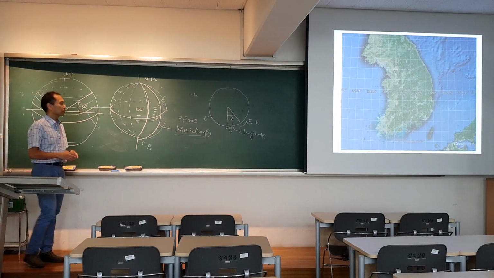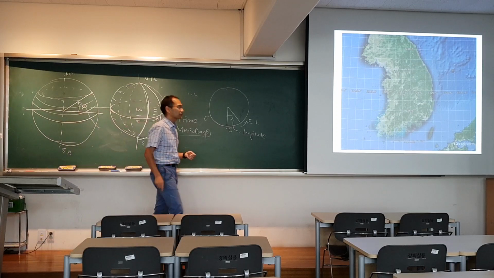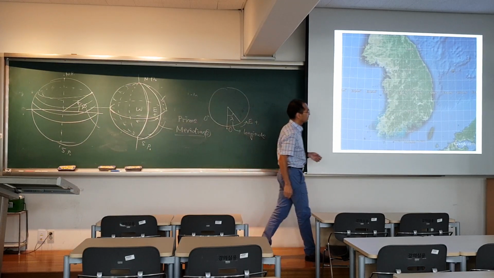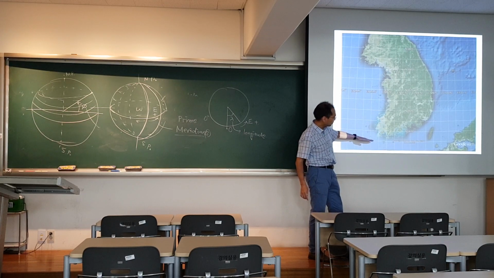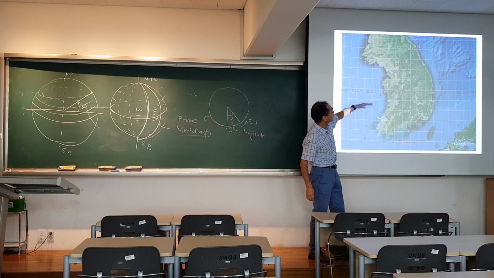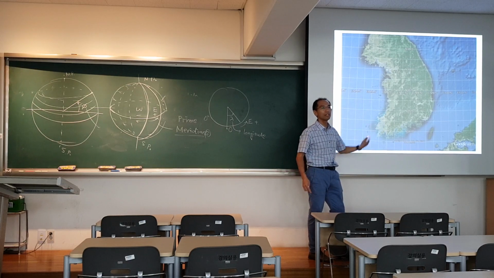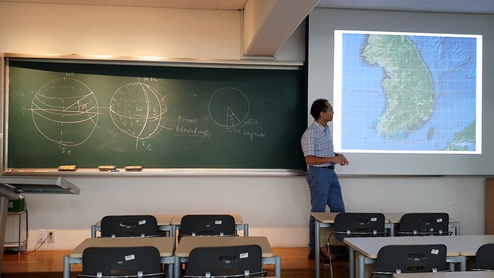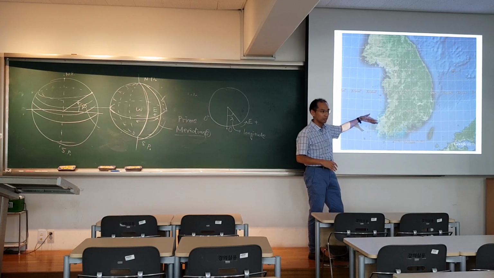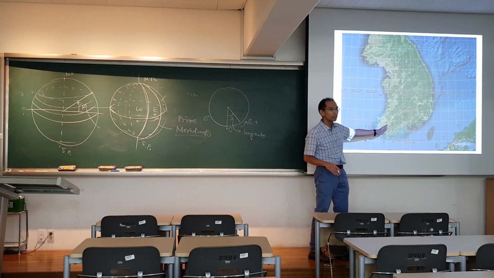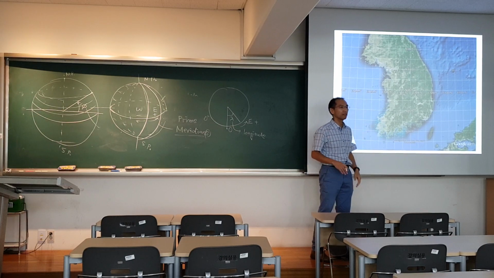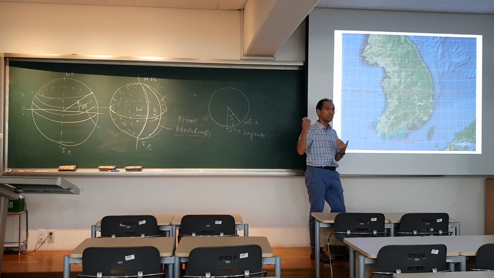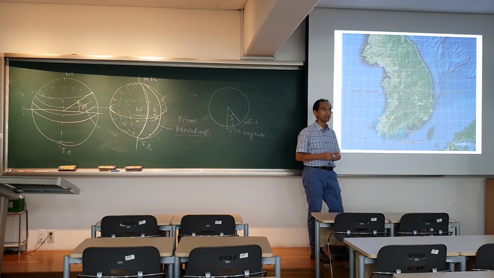So if we look near South Korea, you can see these numbers. It's about 33-ish north latitude up to 38 north in terms of latitude, and in terms of longitude, it's 125, 130-ish towards the east from the Prime Meridian.